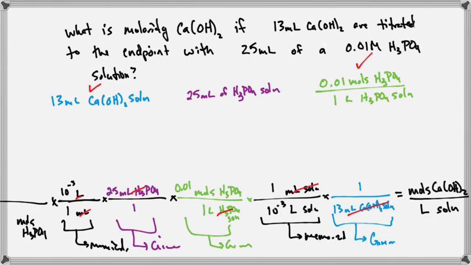Is that the only thing I want to have happen? No, what else do I want to have happen? I want the moles of calcium hydroxide. Does that conversion factor exist? Yes. Where does that conversion factor exist? That's in the balanced chemical equation. Did you write out a balanced chemical equation? No. Can you?